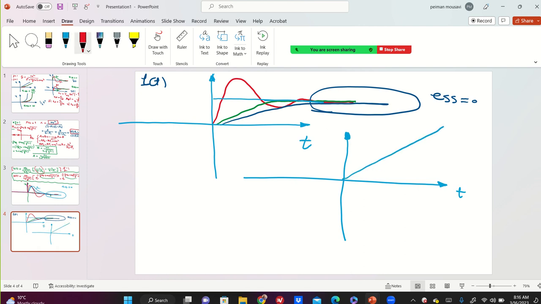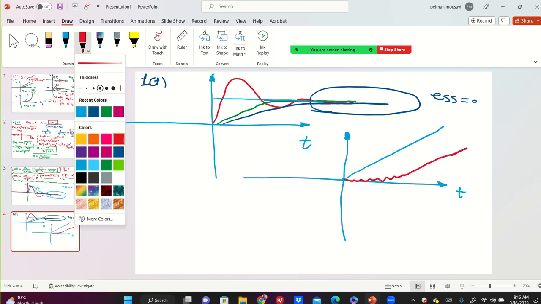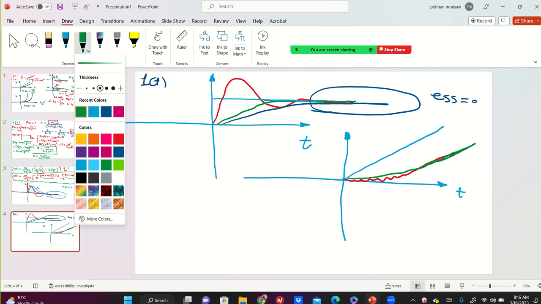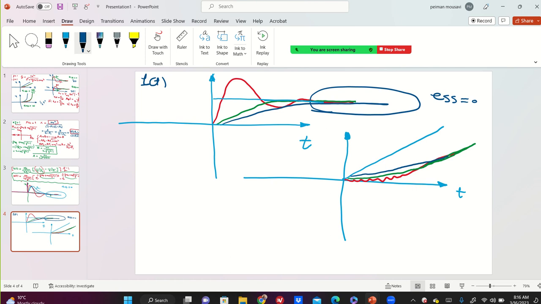So obviously you're going to have this: underdamped, no oscillation, critically damped, and overdamped is a little slower. I mean it's slower to settle down.